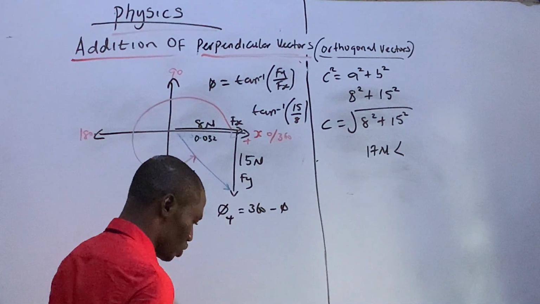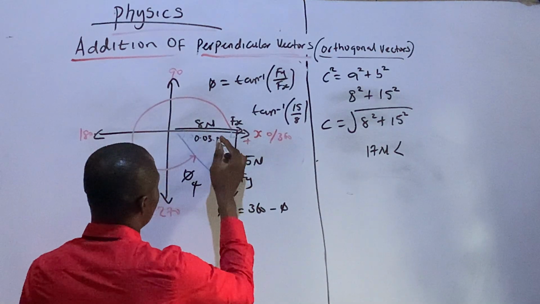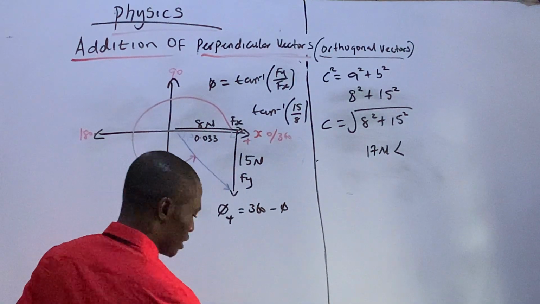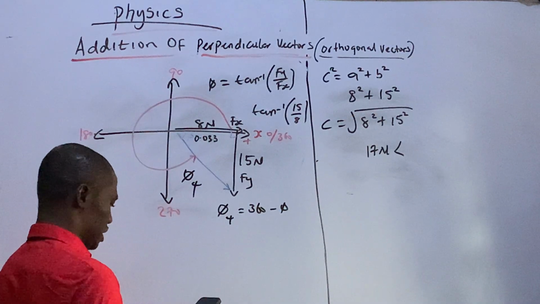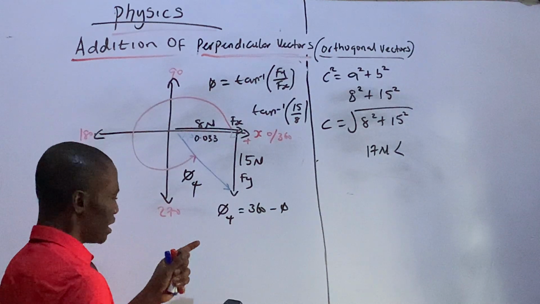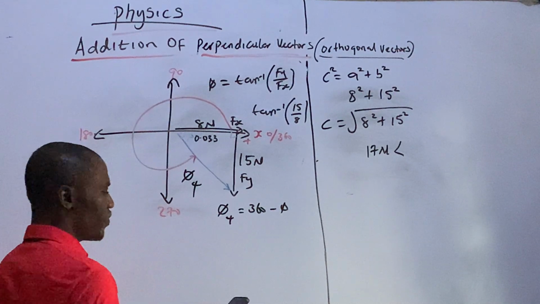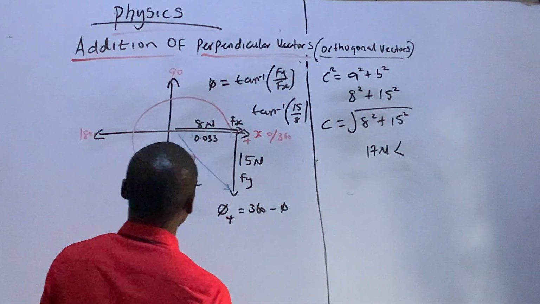Let's approximate it to 0.33. Now, let's do the math. We're subtracting it from 360, so 360 minus that will give me 359.96.